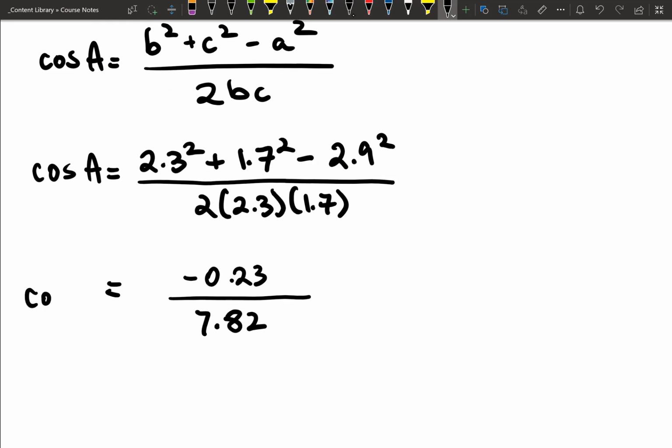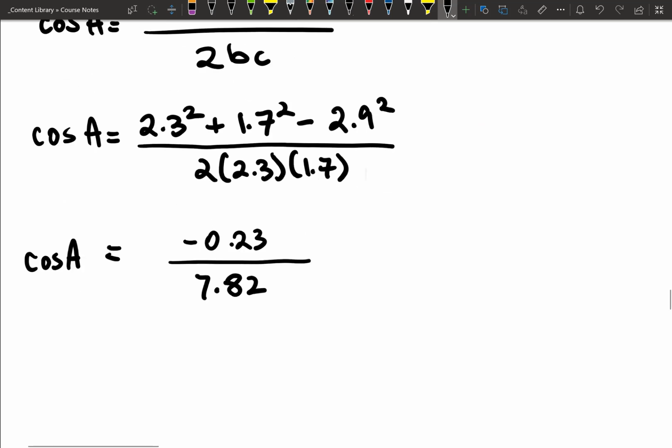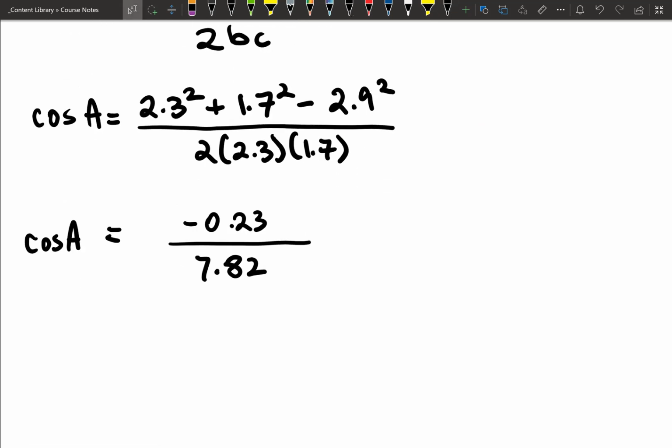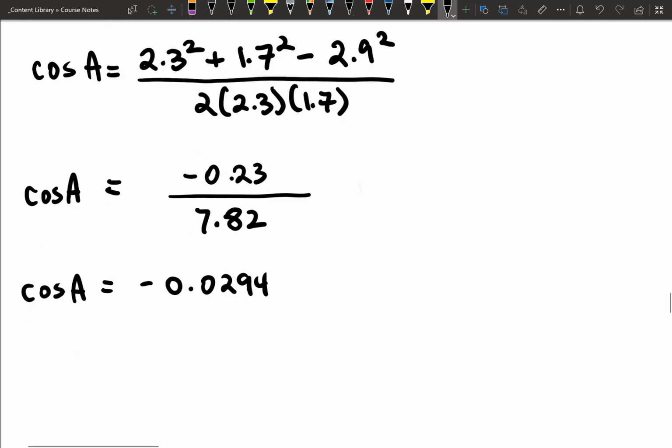Okay, so cosine of A equals that. If I simplify that, negative 0.23 divided by 7.82, and for 4 decimal places, we're going to have negative 0.0294. And that's cosine of A. Not angle A, just cosine of angle A.